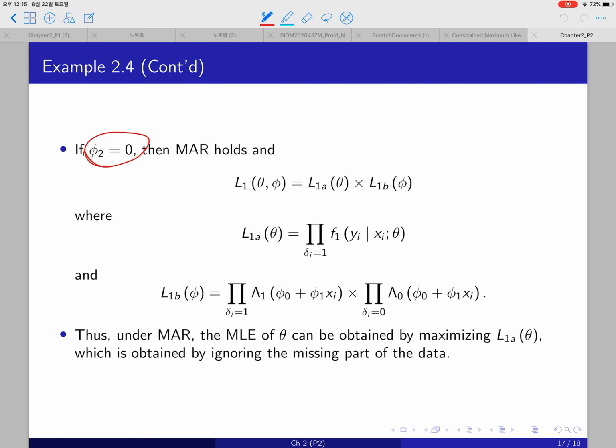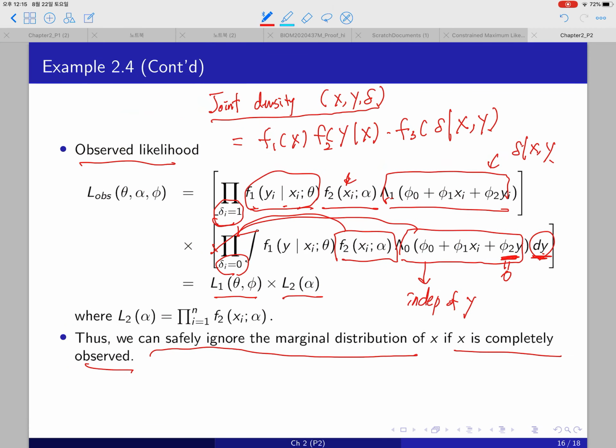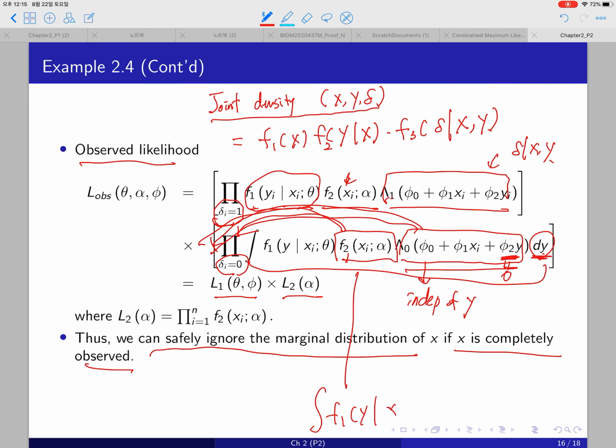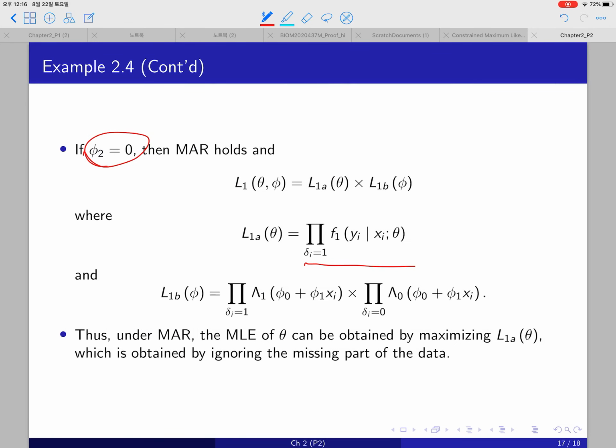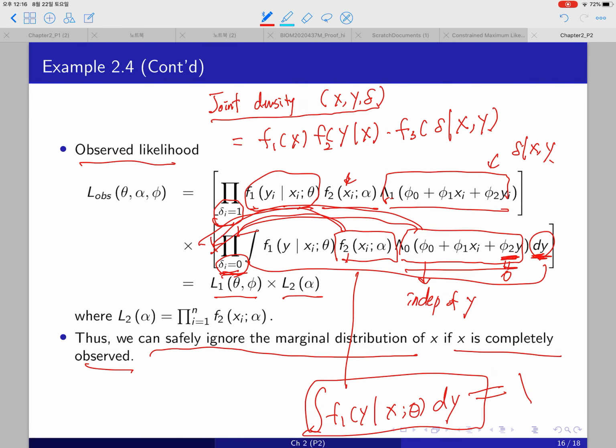So this part goes outside, and this part also goes outside. What's left is just the integration of f1 of y given x and theta dy, which is 1 because it's a density. So for delta equal to 0, this part becomes 1 and goes away.